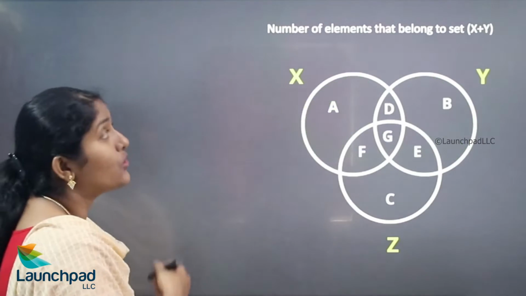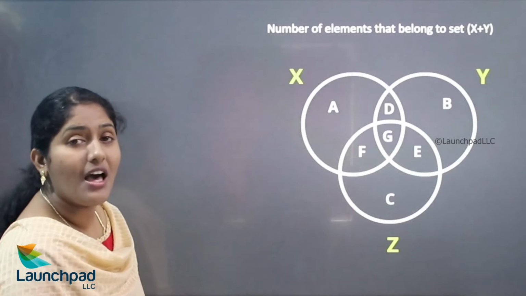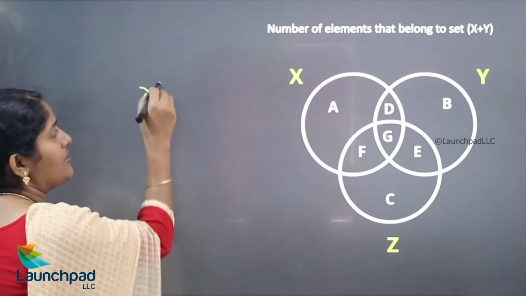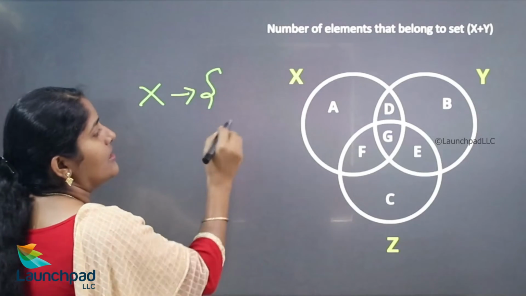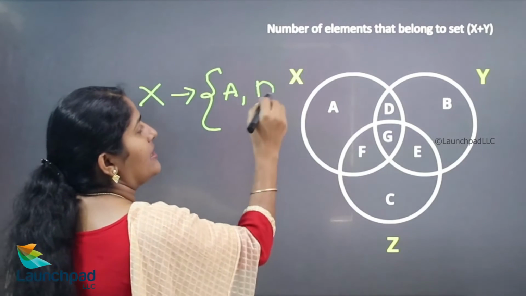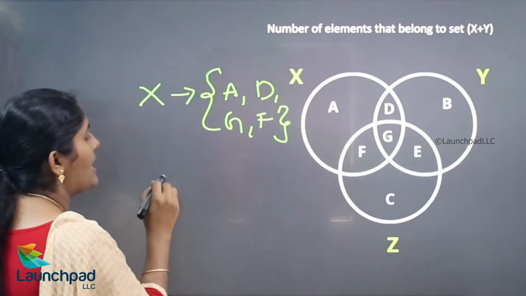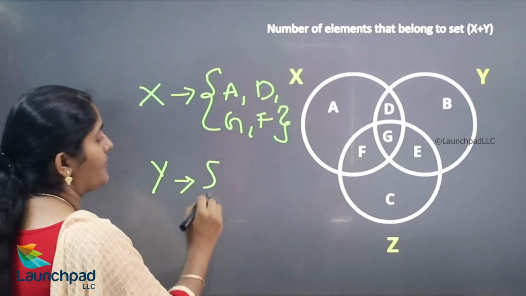Next example. Number of elements that belong to set X, Y. What are the elements belonging to X? A, D, G, F. What are the elements belonging to Y?